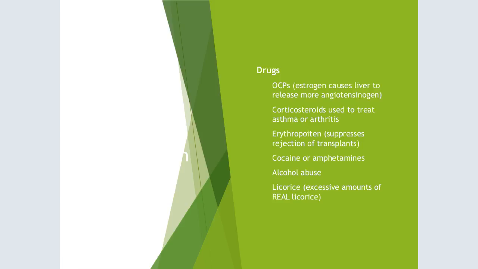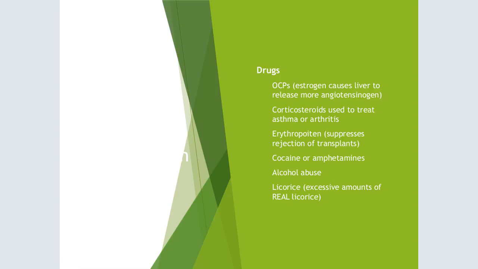Corticosteroids can also cause elevation of blood pressure. EPO, which suppresses rejection of renal transplants and also helps with bone marrow stimulation, can cause hypertension. Obviously, cocaine or amphetamines can cause problems with hypertension, as well as tachycardia. Long-term alcohol abuse can cause it as well.